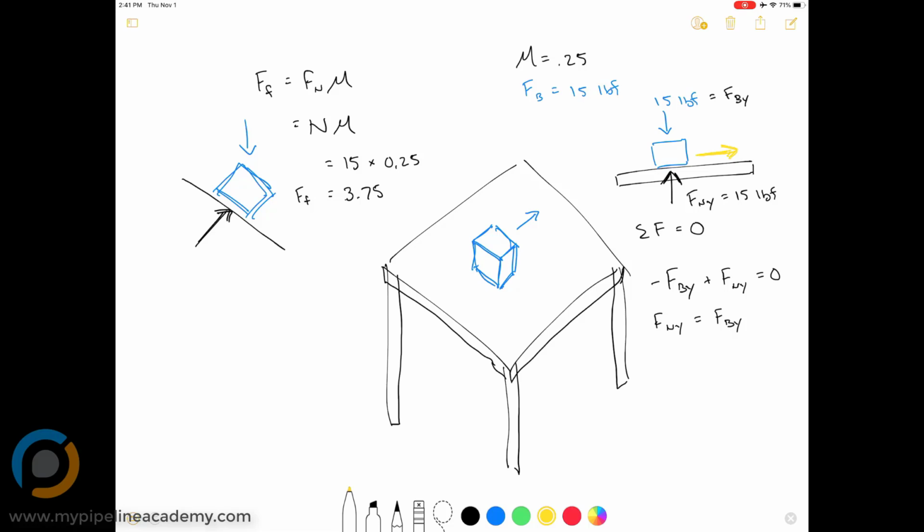That's going to be our worst condition. And we're going to need to know as designers how much force is going to be required to get this object started moving. So more often than not, you're going to be calculating the static frictional force. And so that's what we've done here, looking at the force required to begin moving an object across a surface.